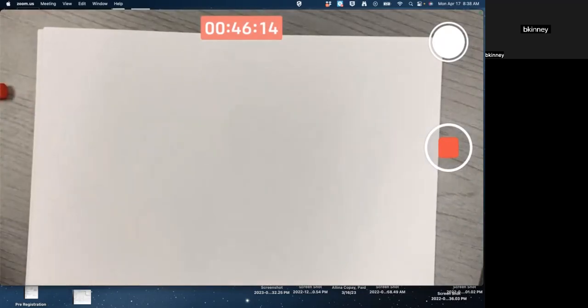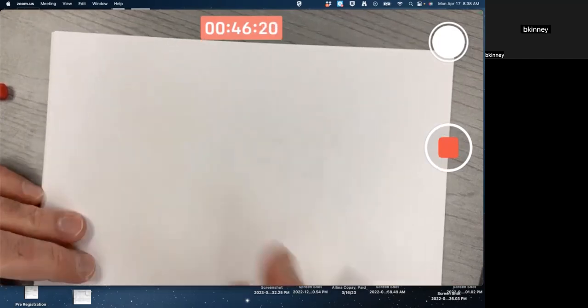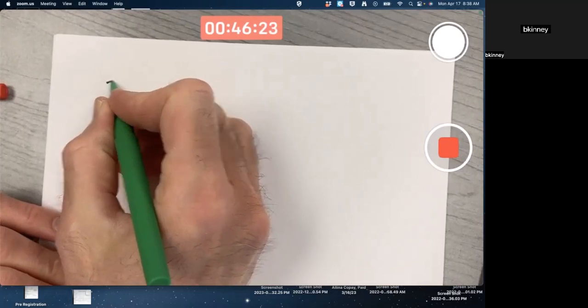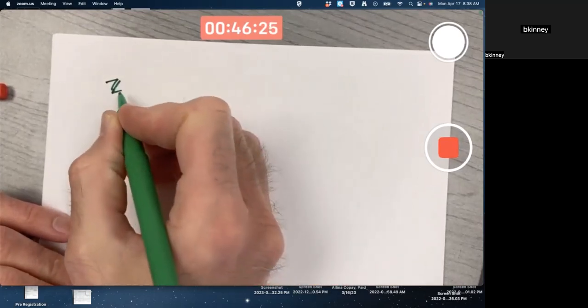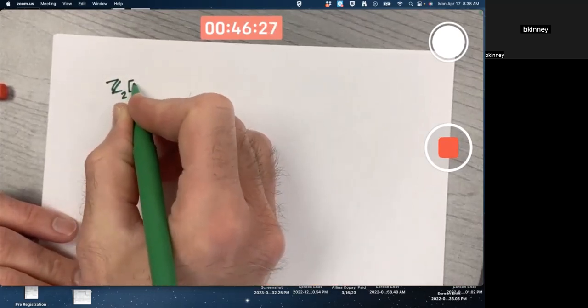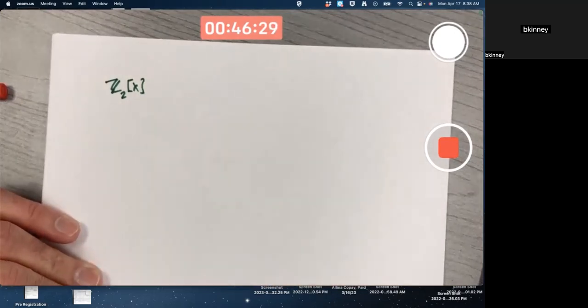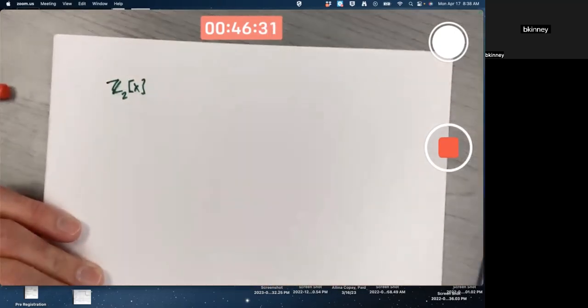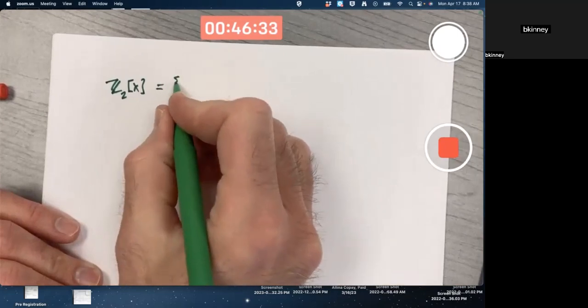Let's end class today by focusing on what's going to be the most important kind of ring for us, polynomial rings. Consider the same example from last Friday, Z2[x]. What is this?